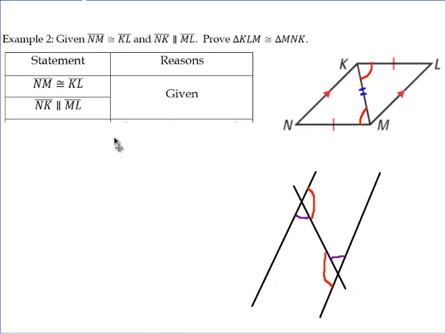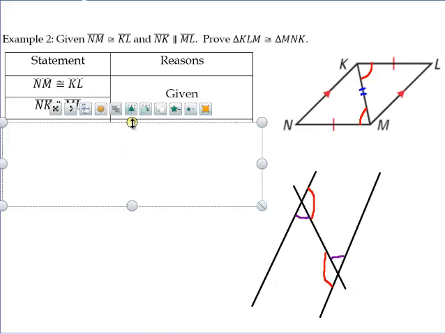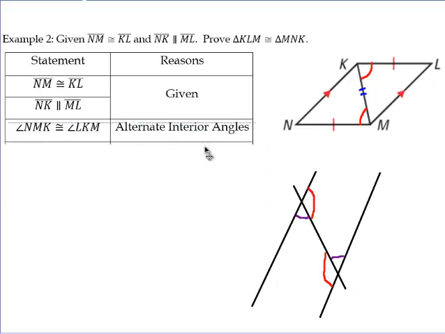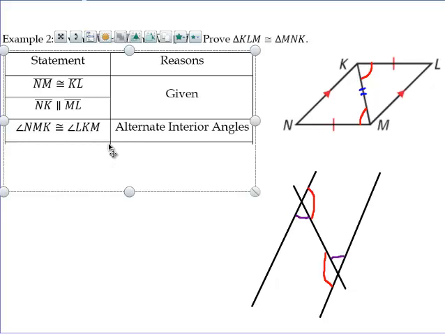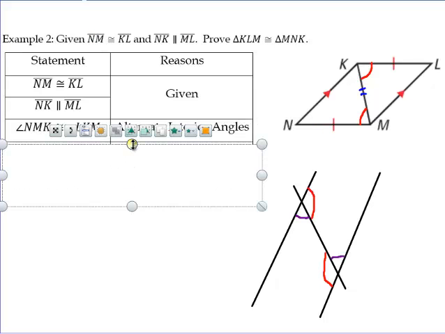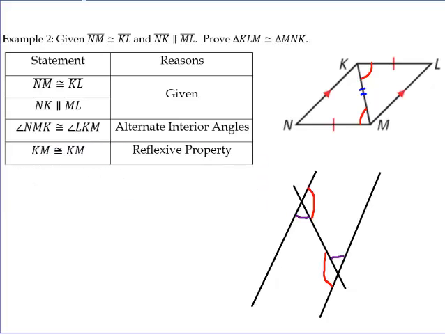So that's going to be the next line in our proof, that angle NMK is congruent to angle LKM. And those are alternate interior angles. The next line, we are going to state that KM is congruent to itself. We've already talked about that, it's using the reflexive property.